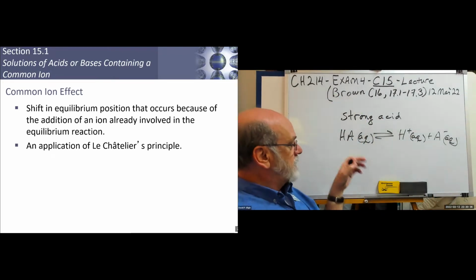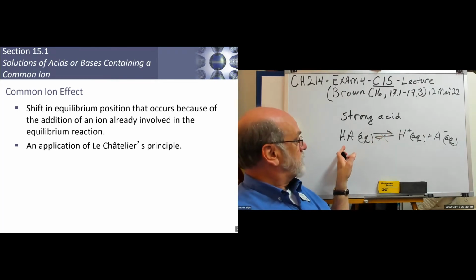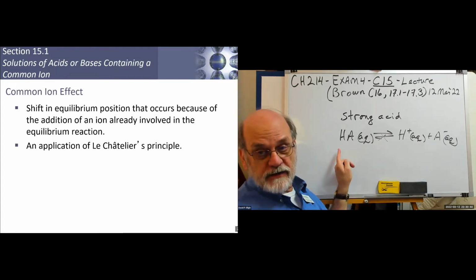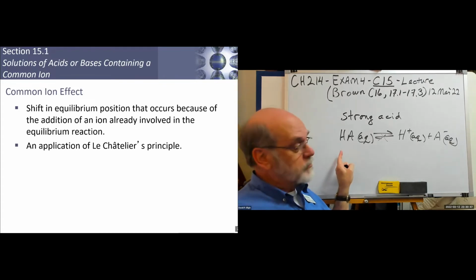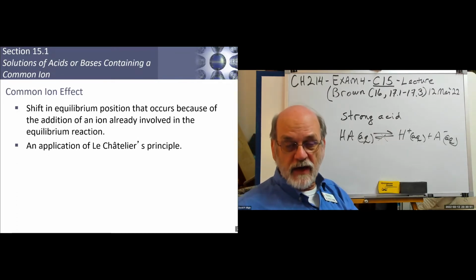For all intents and purposes, the dissociation will be completely over here. So if you know the concentration of acid when you mix the solution, you will know the hydrogen ion concentration, and then you can simply calculate the pH from Sorensen's equation.